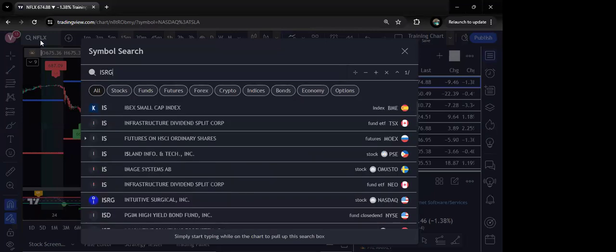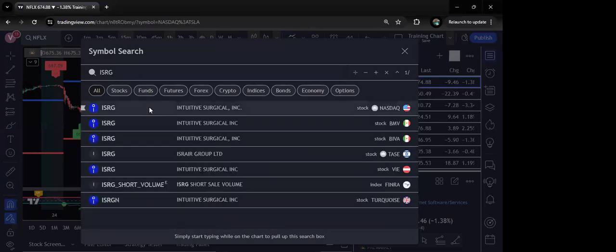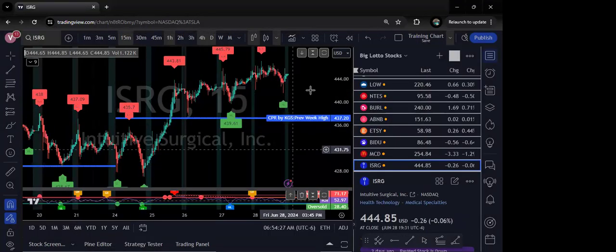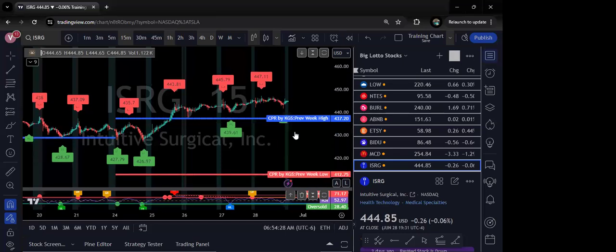ISRG. It rejected the previous week low, which was very far away. This is 412 and this is 426. You're looking for two things: double bottoms or lower high or double top.